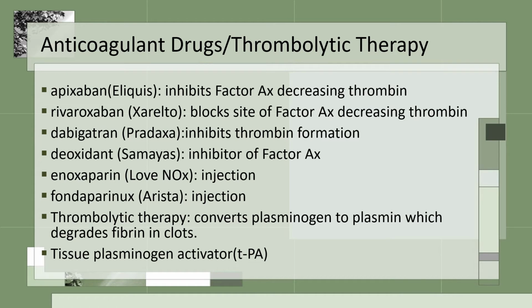The first four are pills that people can take to stay anticoagulated and prevent PEs. Lovenox and Arixtra are newer injections that can treat as well as prevent PEs. Thrombolytic therapy can treat PEs by busting their clots. It converts plasminogen to plasmin, which degrades the fibrin in clots, and this is TPA.